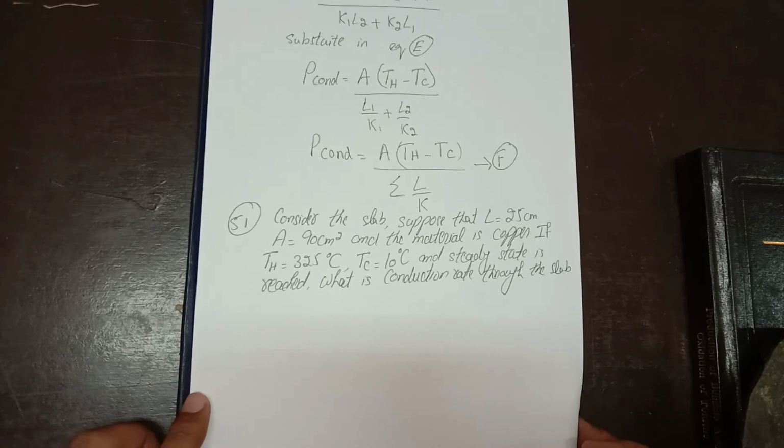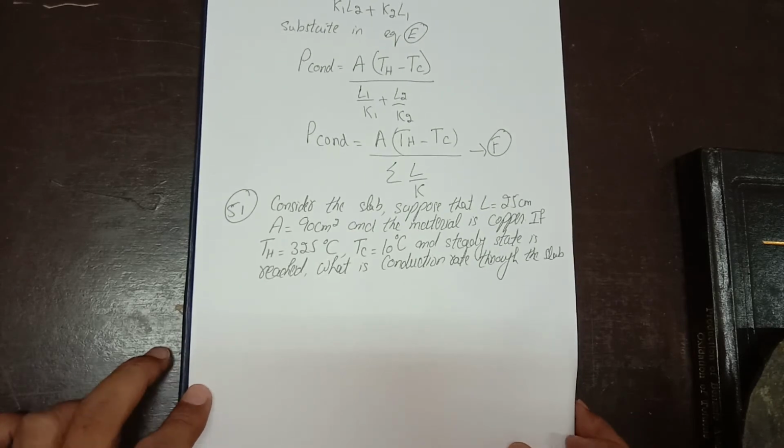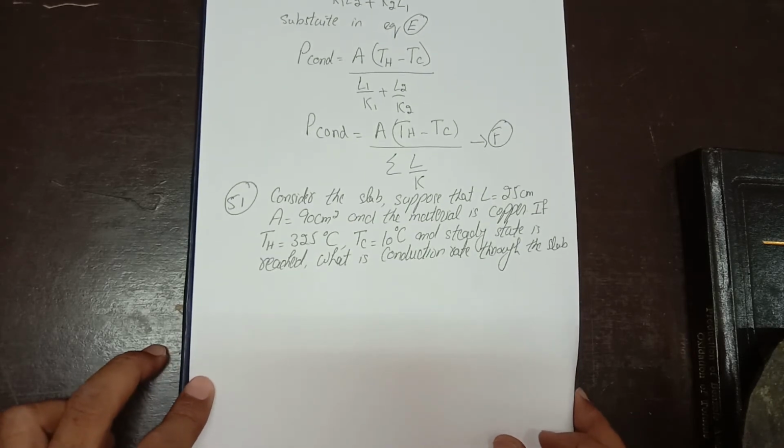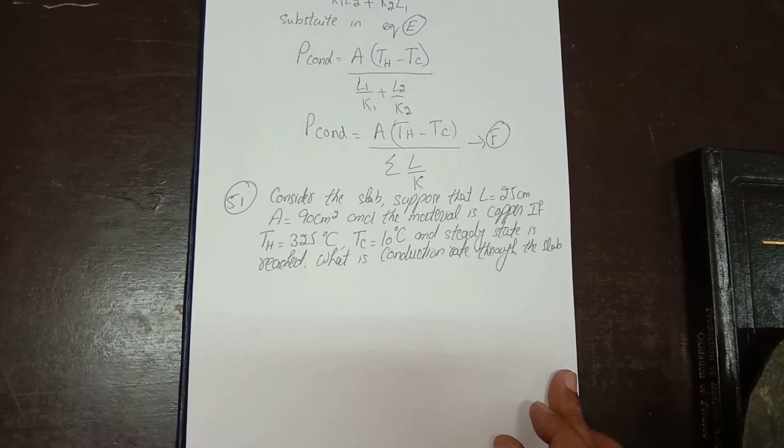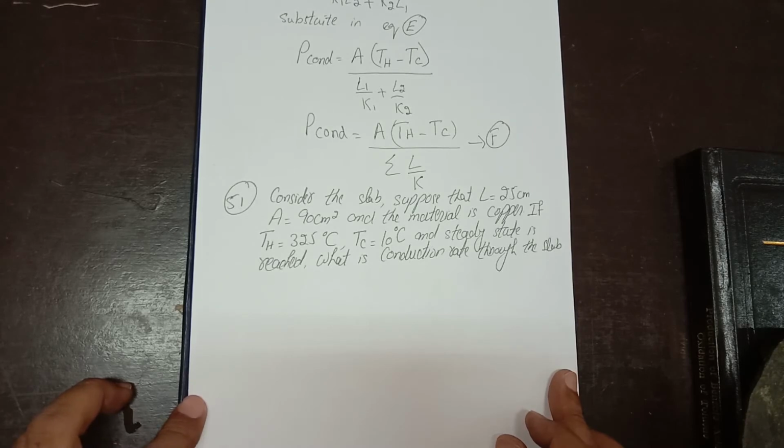Okay, let's do a numerical related to conduction. This is numerical 51 of the Fundamentals of Physics book by Halliday, Resnick, Walker. It may change from version to version, but you can see a similar statement in your book.